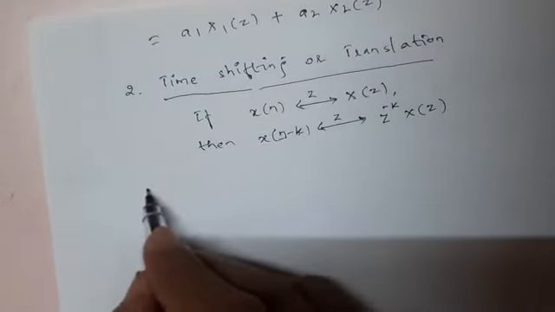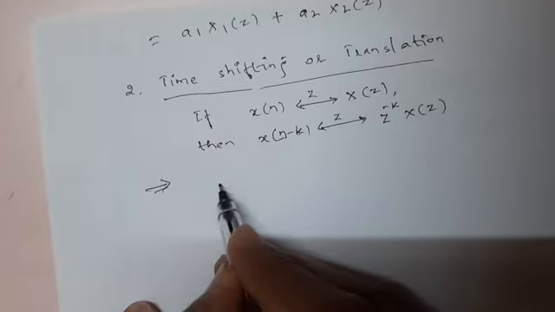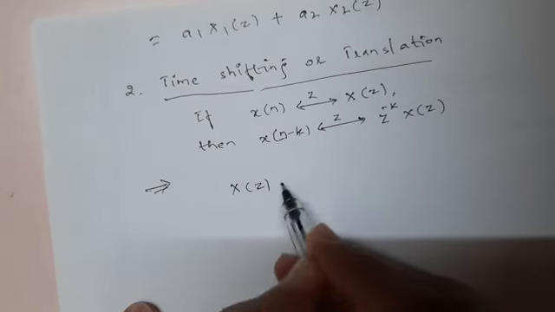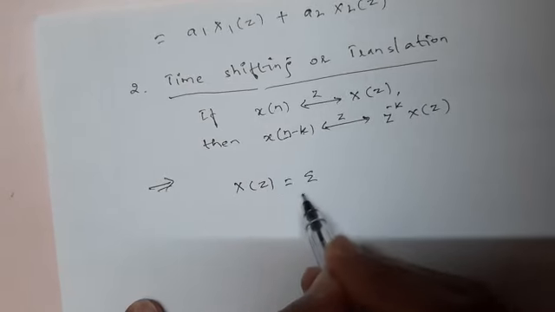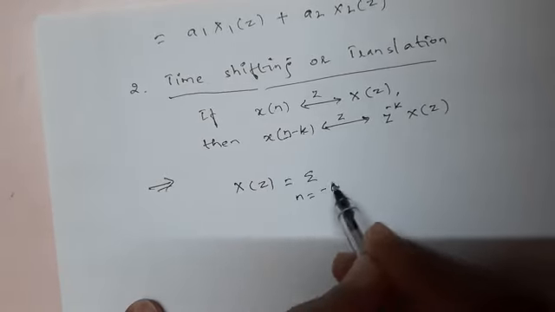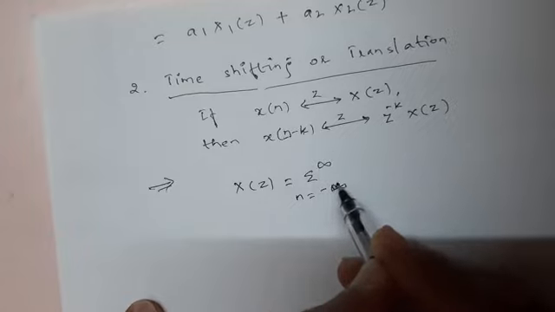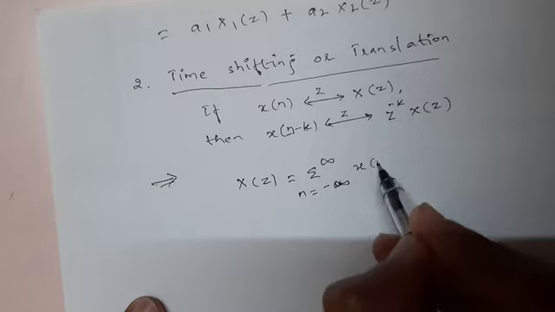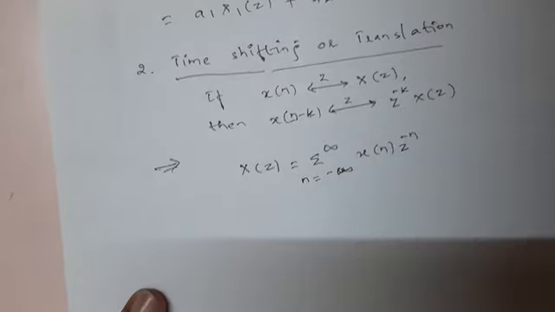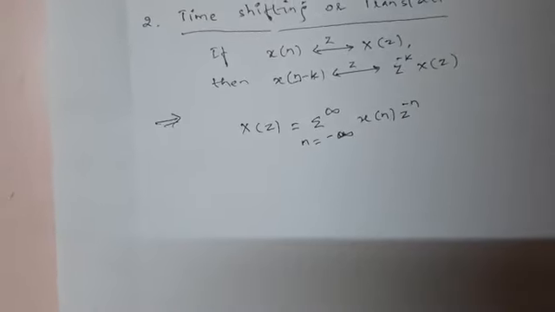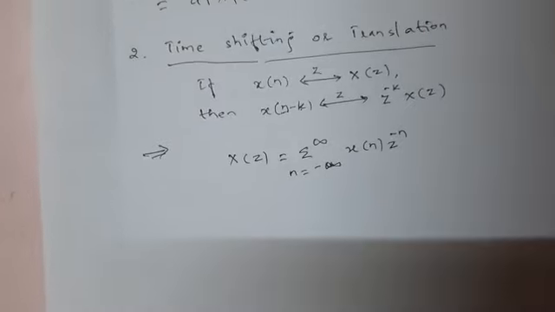So now how to prove this? Again, the z transform equation is X of z equals summation n equal to minus infinity to plus infinity x of n z to the power minus n.